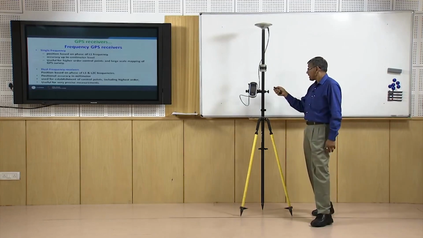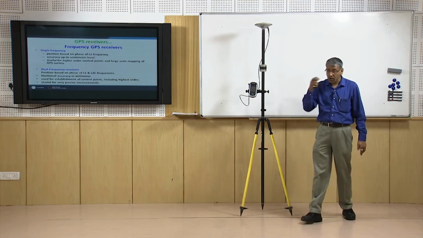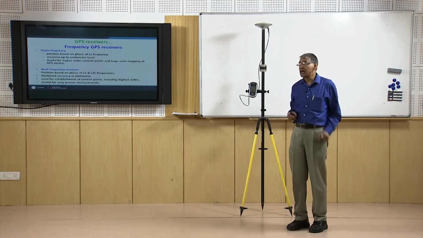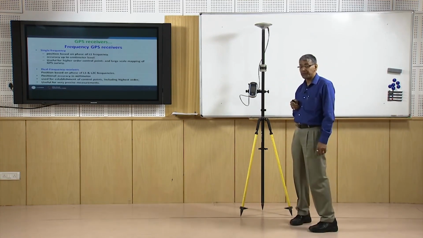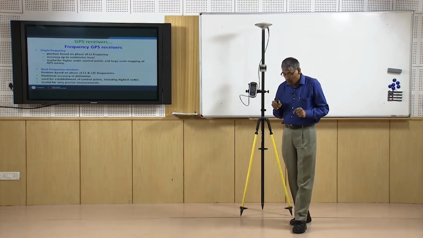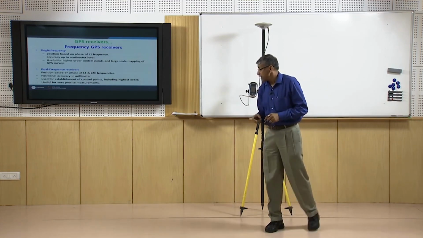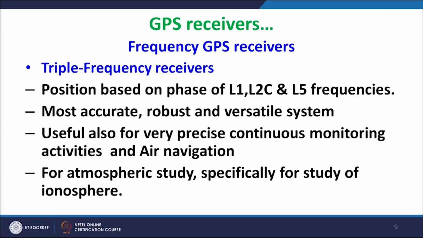Now if we take this instrument outside in open sky, then it will be able to receive dual frequency signals, L1 and L2. Next I will discuss the triple frequency GPS receiver.